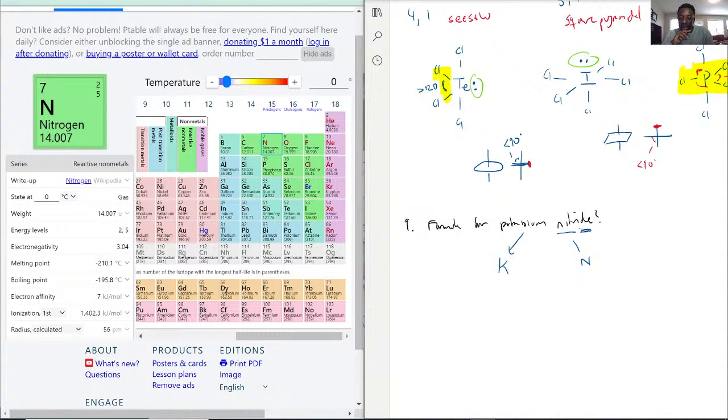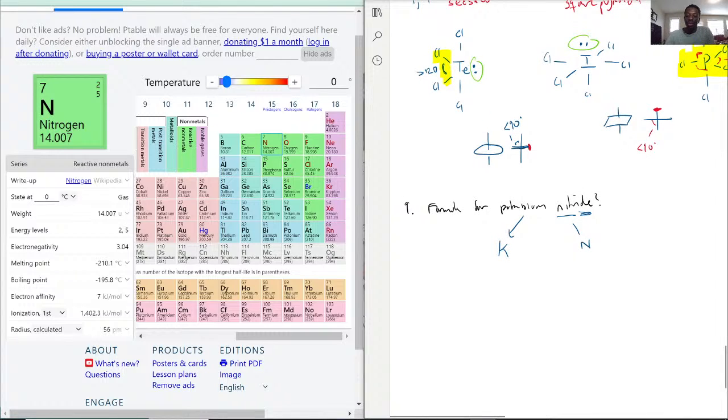So with that being said, we have to figure out what the actual bond distribution will be. Nitrogen is on the 15th column, meaning that it has 5 electrons.